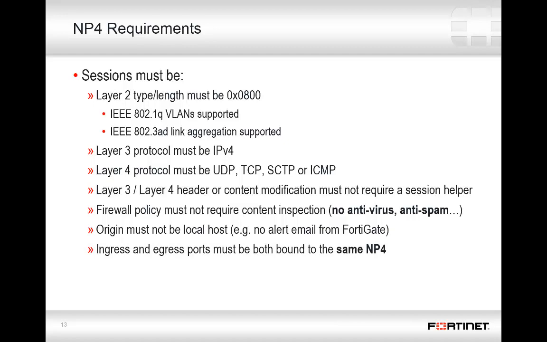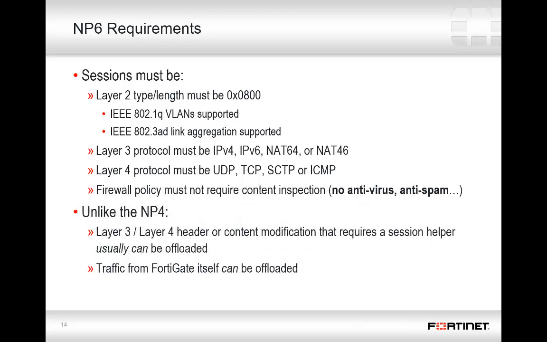Finally, and as we saw in the previous slide, ingress and egress ports must be on the same NP4 unless there is an EEI bridge between those NP4s. Similarly, here are the NP6 offloading criteria. Some resemble NP4, but there are many important differences.